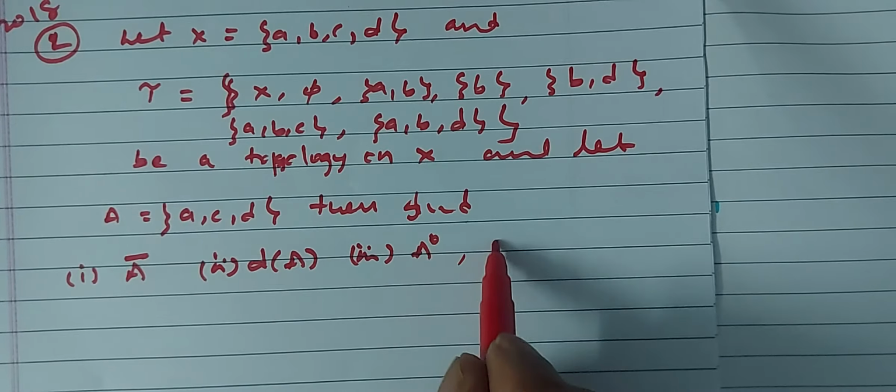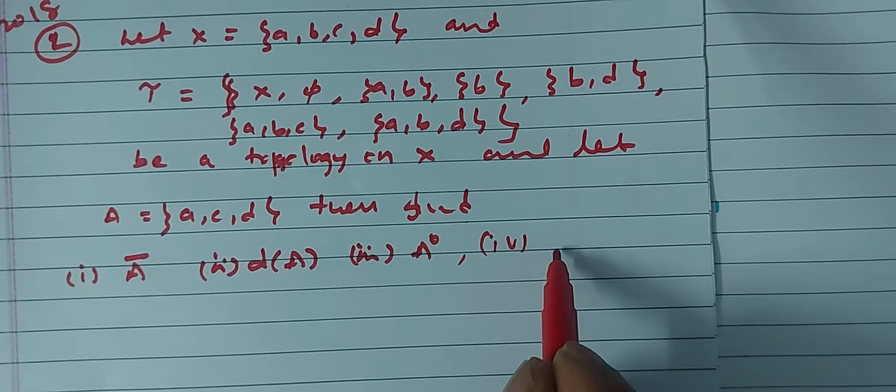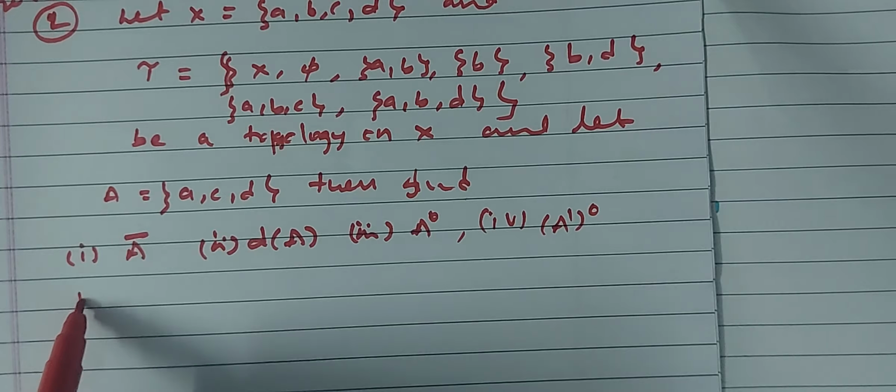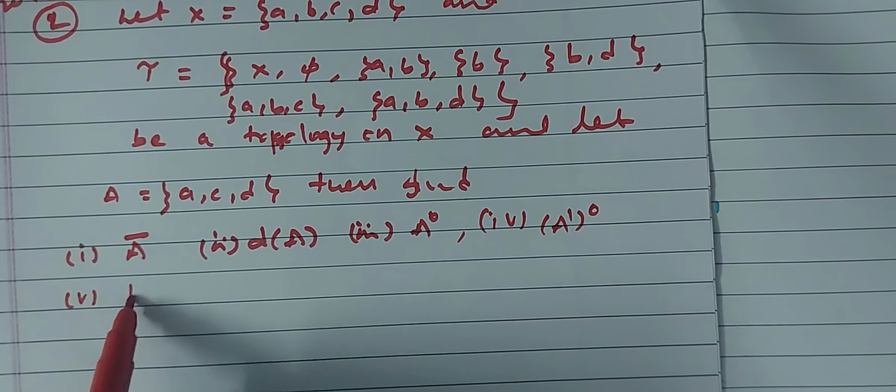Fourth, the interior of A dash. Fifth, the boundary of A.